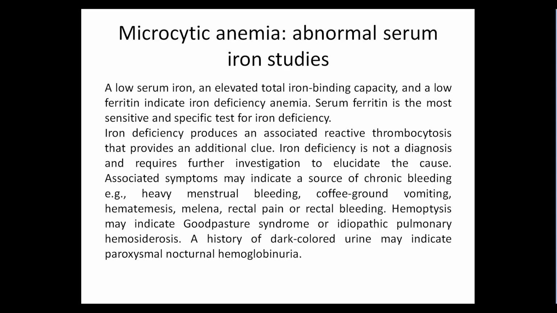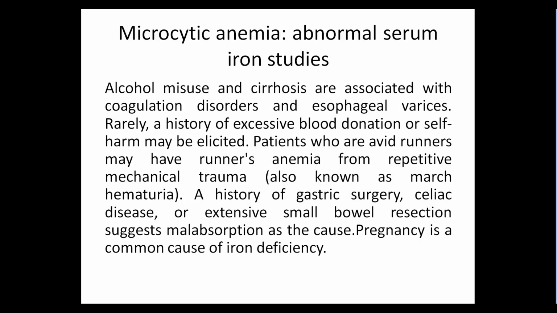Hemoptysis may indicate Goodpasture syndrome or idiopathic pulmonary hemosiderosis. A history of dark colored urine may indicate paroxysmal nocturnal hemoglobinuria. Alcohol misuse and cirrhosis are associated with coagulation disorders and esophageal varices. Rarely, a history of excessive blood donation or self-harm may be elicited.